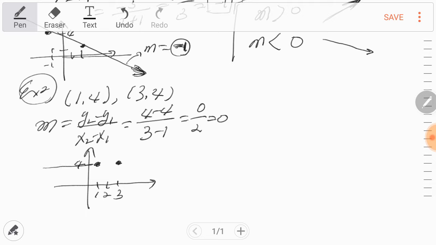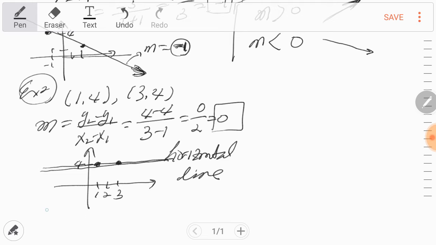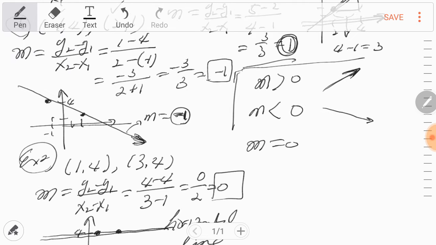Connect these 2 points, and this is a horizontal line. So the slope of a horizontal line is always 0. If the slope is 0, then the straight line is a horizontal line.